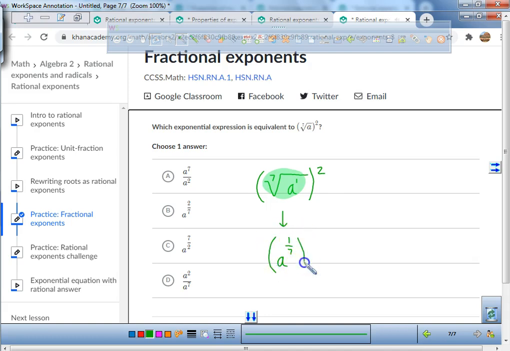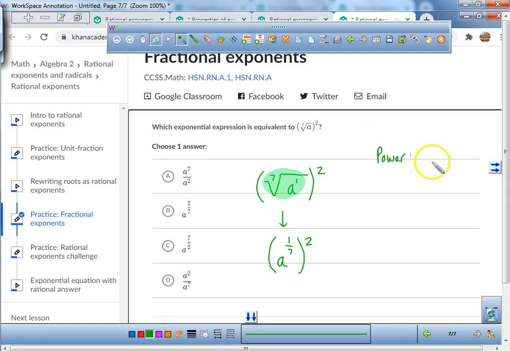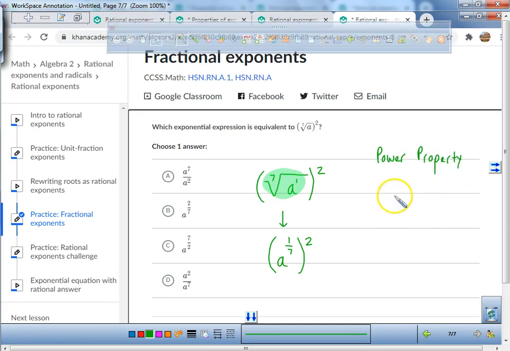Now that 1 over 7, what's happening to it? It's being squared. Now this is where students will forget, like, what is this? This is called power to a power. It's called the power property. So I'm going to write power property because you guys need to know what the power property is. If I have b to the power of m and I raise that to the power of n, that's the same as saying b to the power of m times n.